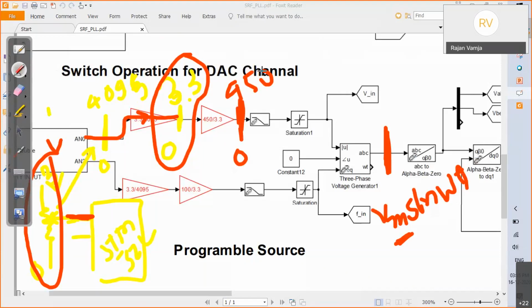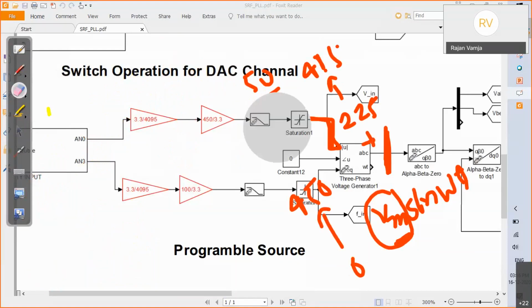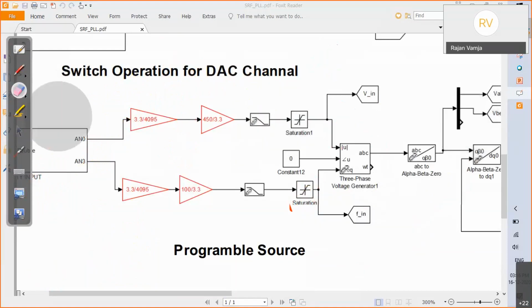When I change, the value that will come here is half of 450, that is 225. So I can vary the magnitude Vm, and this potentiometer value will vary the magnitude of voltage.